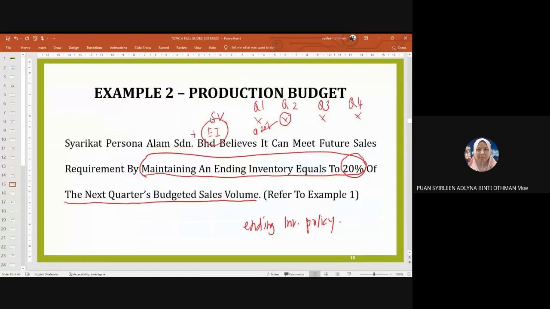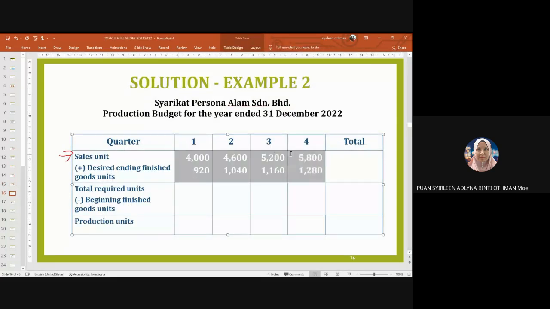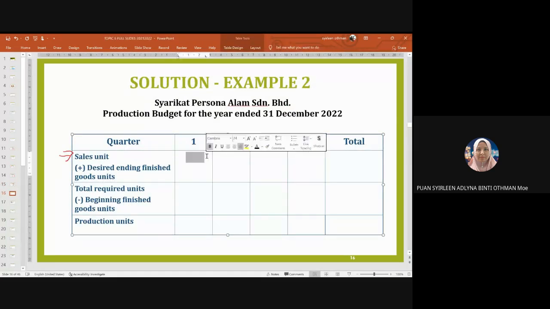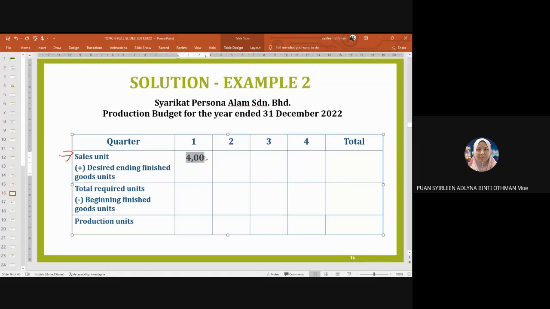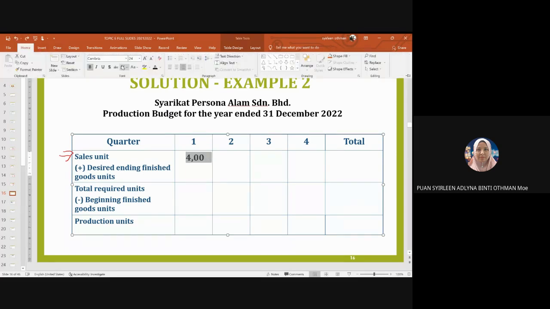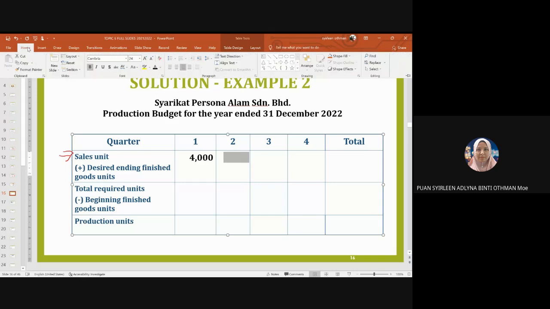So my sales unit dekat sini will be 4,000. Yang ni ialah 4,000. Second quarter taken from the same sales budget, it will be 4,600.